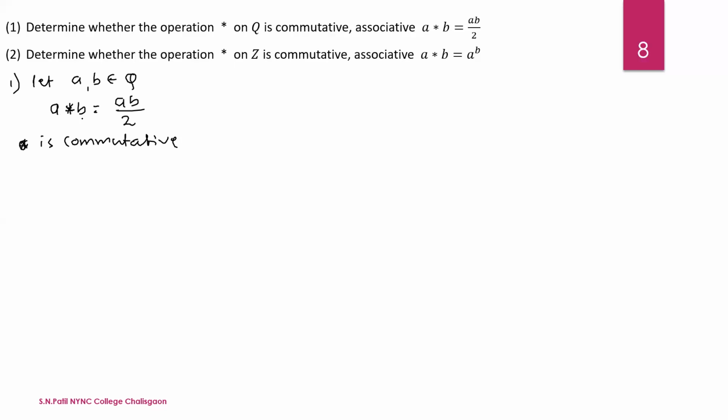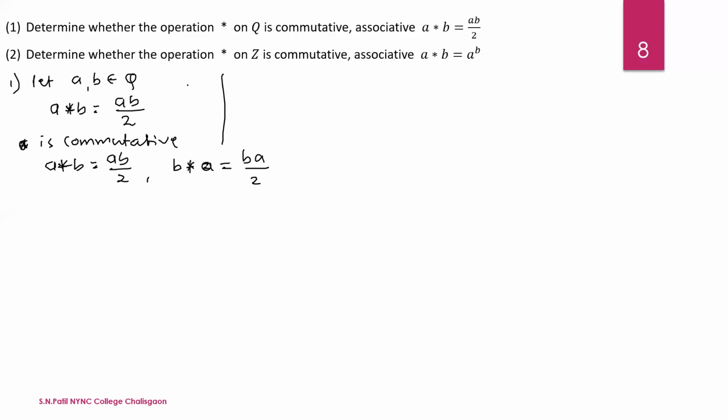For that we show A star B is the same as B star A. A star B is given as AB divided by 2. Now what is B star A? B star A is B into A divided by 2. Here the multiplication A into B is commutative; A into B is the same as B into A. You can take any two rational numbers and take their product.